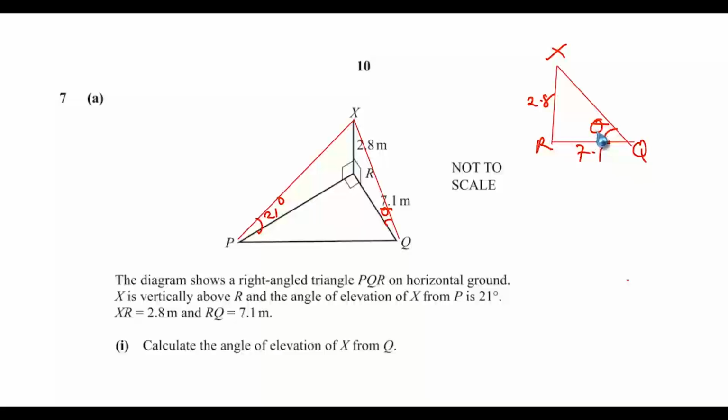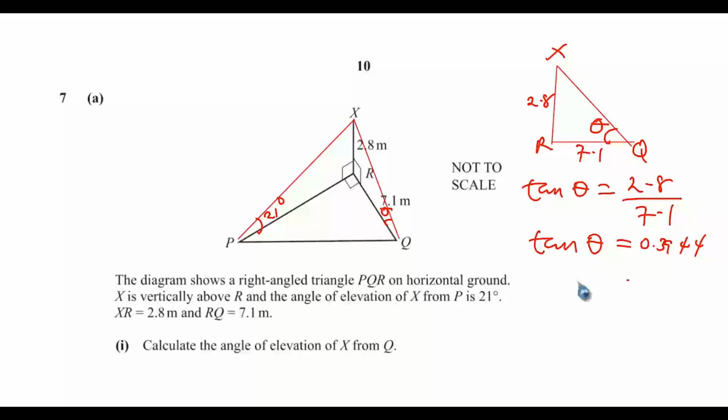So to calculate the angle here, we can actually make use of tan theta. So we can say tan theta equals 2.8 over 7.1, then tan theta is equal to, this will give you 0.3944.